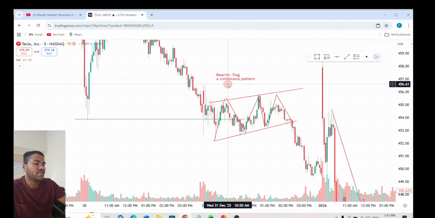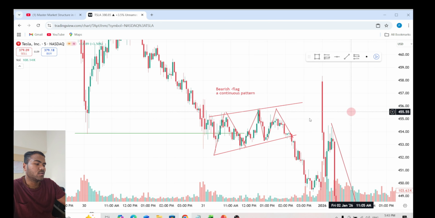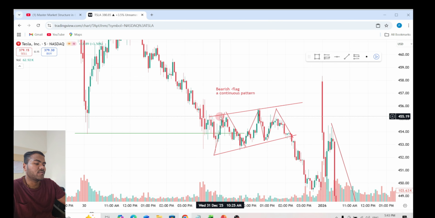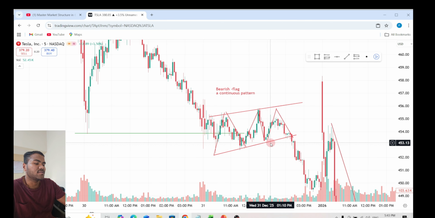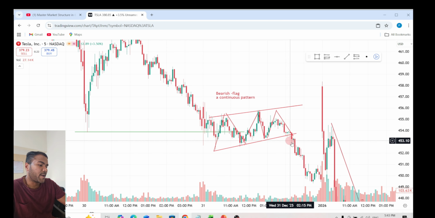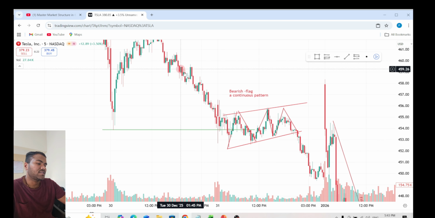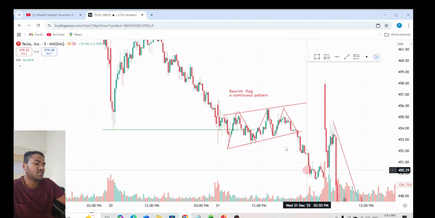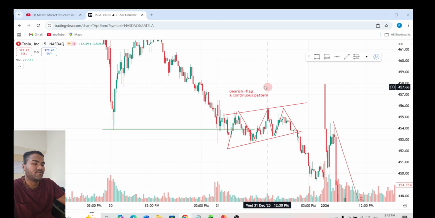This is a bearish flag, which is a continuation pattern. You can see point 1, point 2 and point 3, the same as points A, B and C. After this pattern breaks out, the market starts moving in a downward direction, as it is a continuation bearish flag pattern.